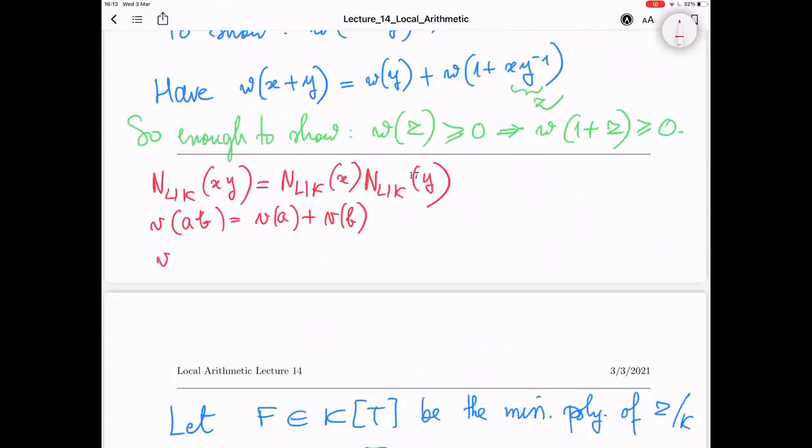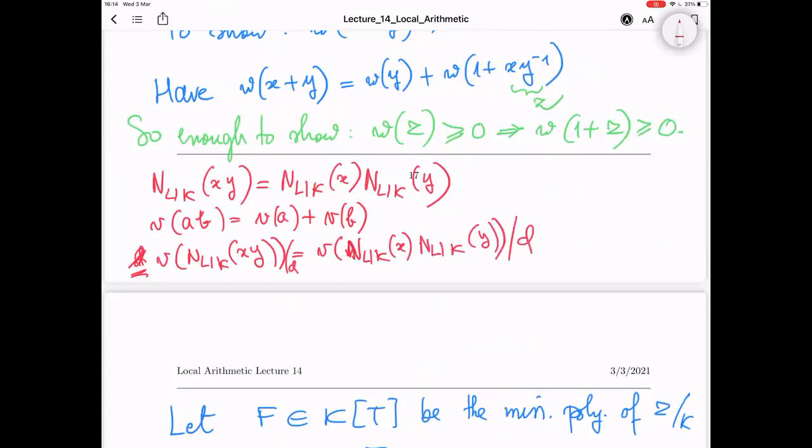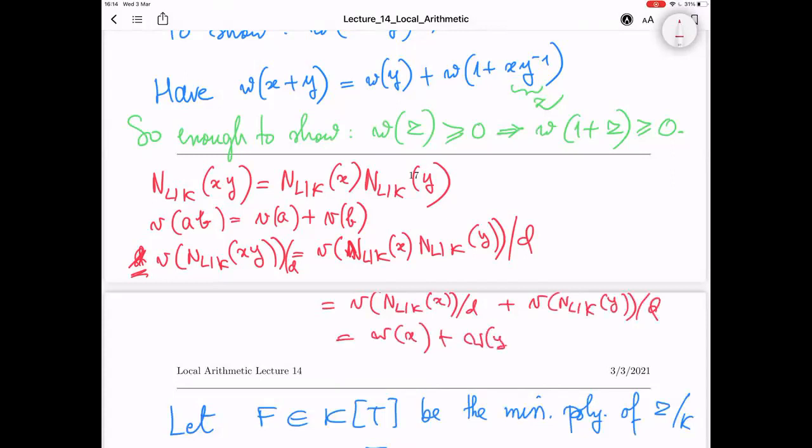So V of the norm of x times y, divided by D, is V of the norms, which is multiplicative, so it should be N of L over k of x times N of L over k of y divided by D, and that's equal to V of N of L over k of x divided by D plus V of N of L over k of y divided by D, but that's W of x plus W of y.